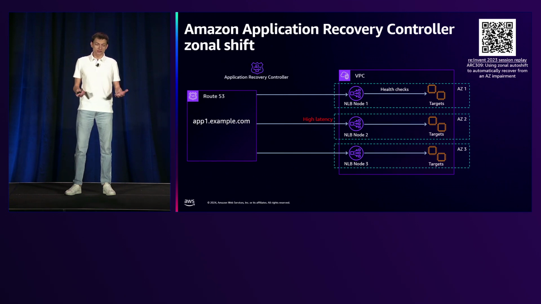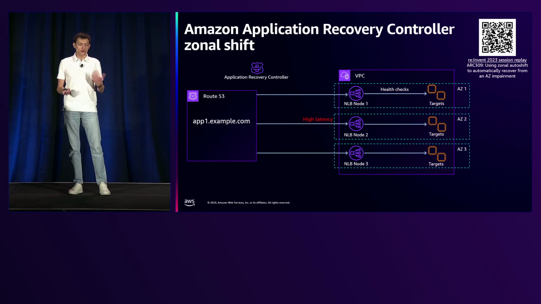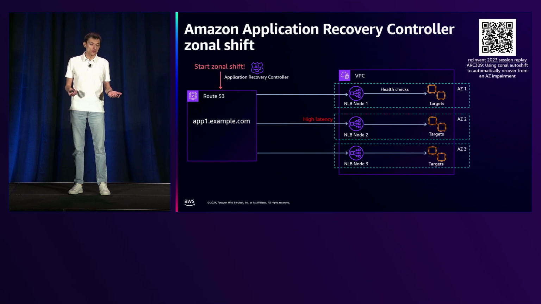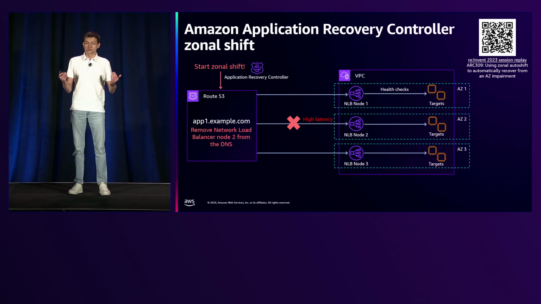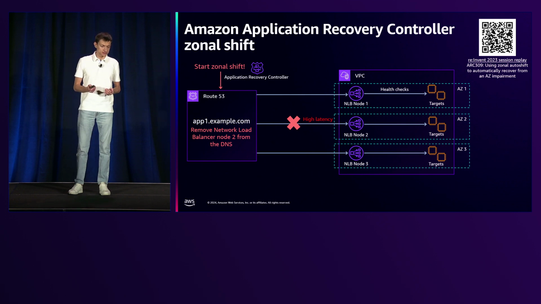We can ask Application Recovery Controller, or ARC, using an API call to start a zonal shift. So the node of the load balancer will be removed from DNS. So we take the AZ out of service.